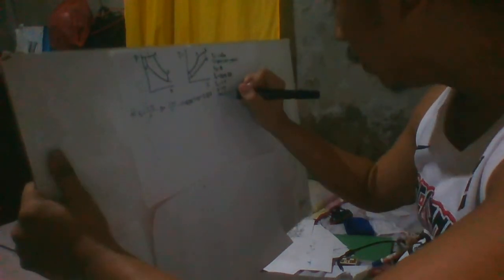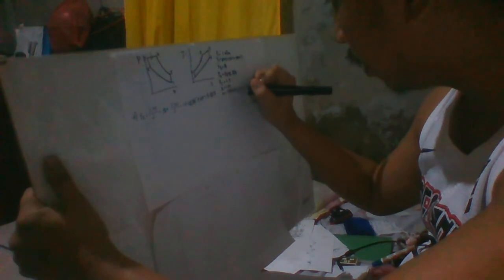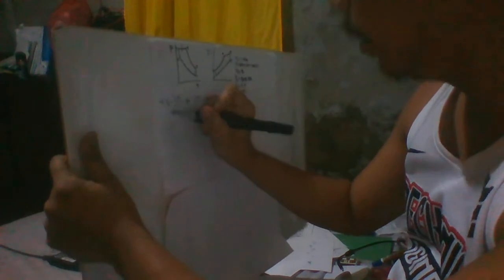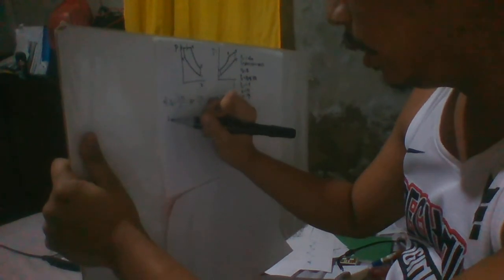So, letter B, we will determine the pressure, temperature, and volume in each corner. The mass is equal to 1 kilogram. Now we will look for volume 1 because we don't have it yet.